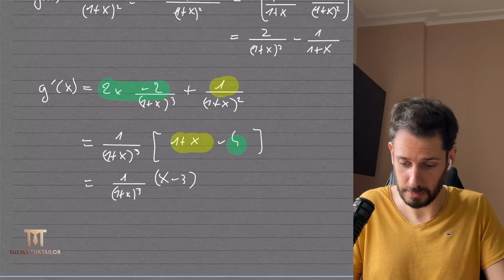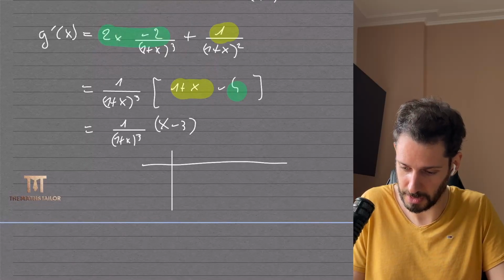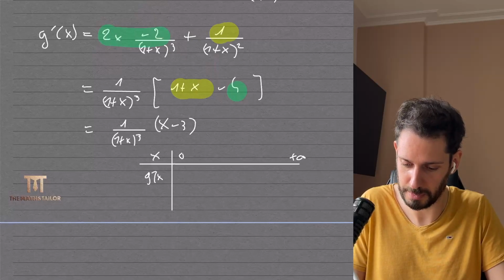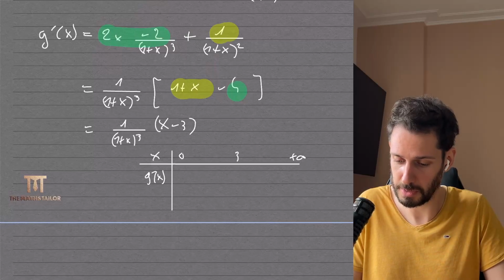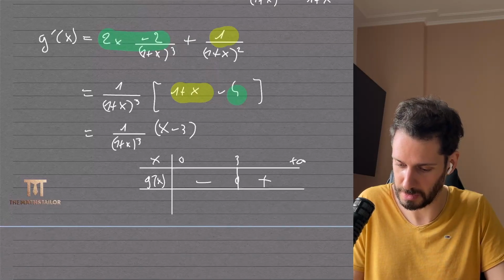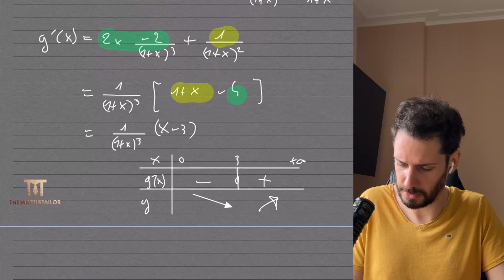And so now I can have a little summary table explaining, okay, x starts at 0, goes to infinity, g prime of x is positive when x is bigger than 3, so I have 0 here, minus, plus. I like to do those summary tables. And so g is like this, decreasing and then increasing.